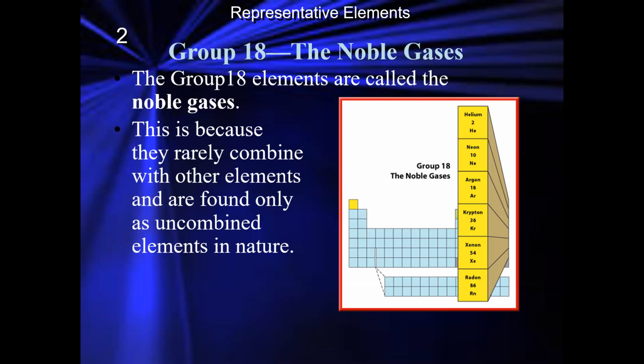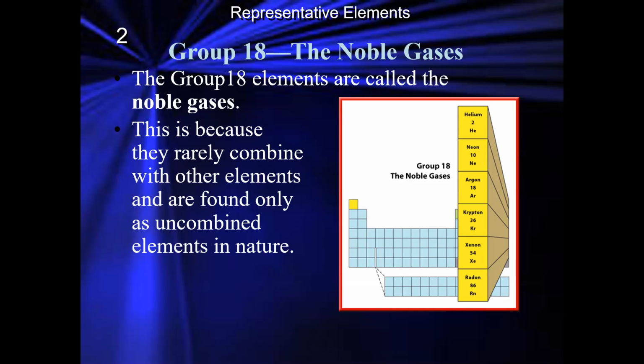So all other elements of all other groups cannot exist in a single atomic form. But the noble gases are found only as uncombined, and the reason behind that is they have a complete outermost shell. We have discussed the number of electrons in the outermost shell.